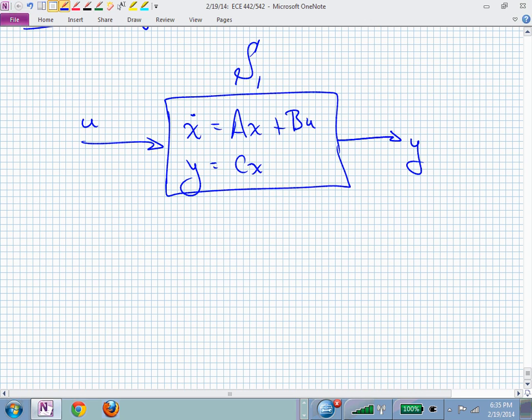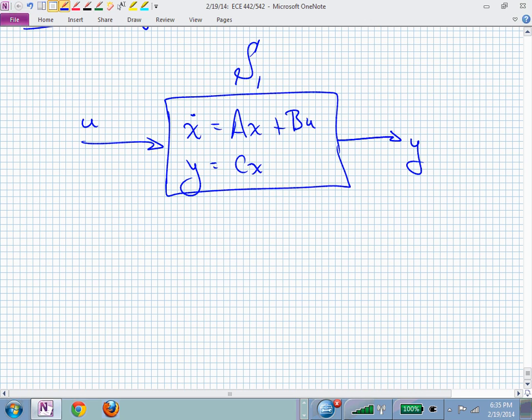And if I have one input, what are the dimensions on capital B? Has to be 12 rows tall, doesn't it? It has to be compatible with the x dot. The x dot, the left-hand side, has to equal the right-hand side. So we know B has to be 12 tall and only 1 wide, because that's the only input that we have.